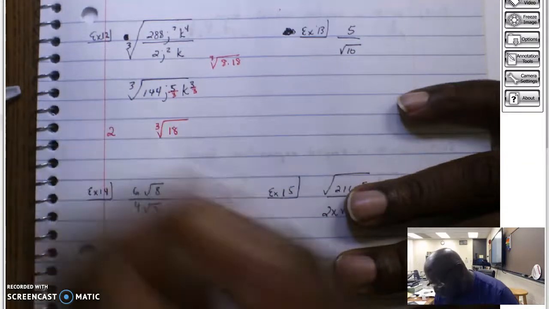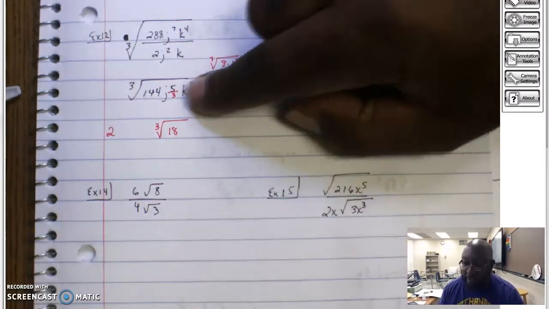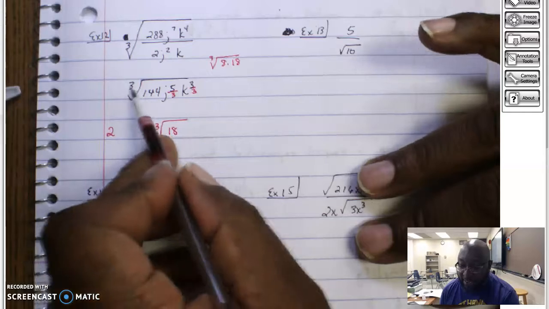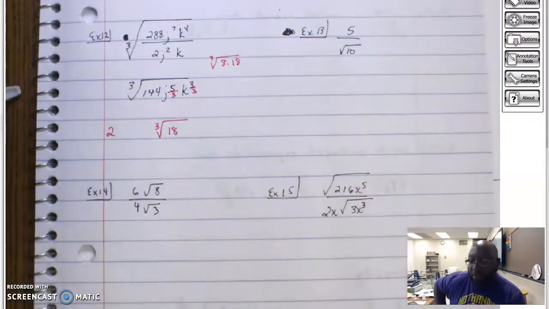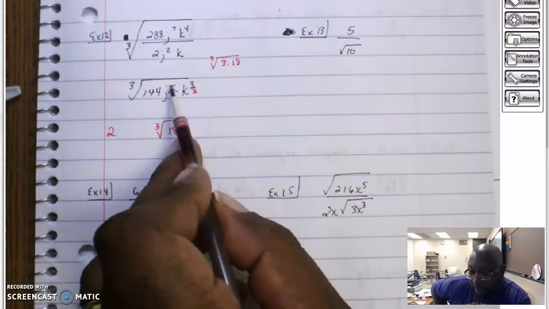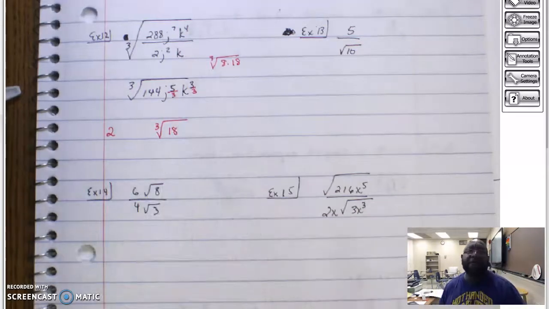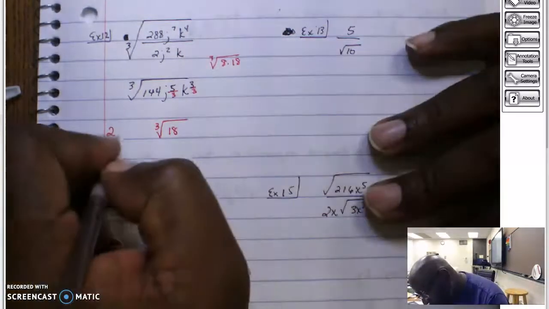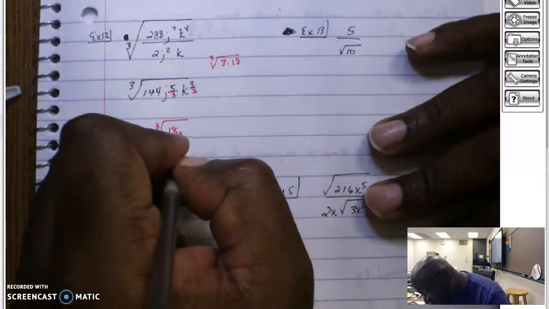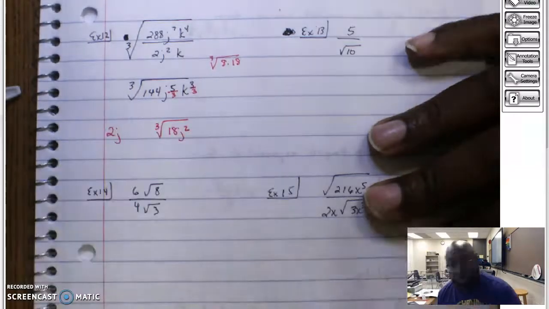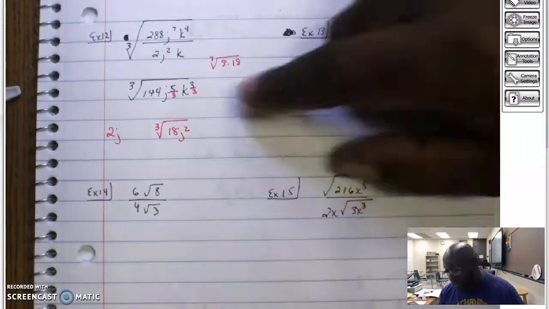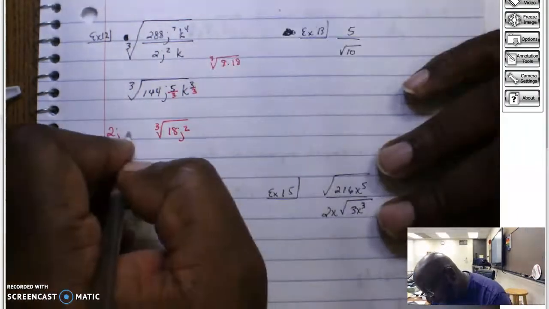the 18. And then we go to the j, and again, don't forget that the index is the denominator for this exponent. So I say 3 goes into 5 one time with a remainder of 2, and then 3 goes into 3 one time.